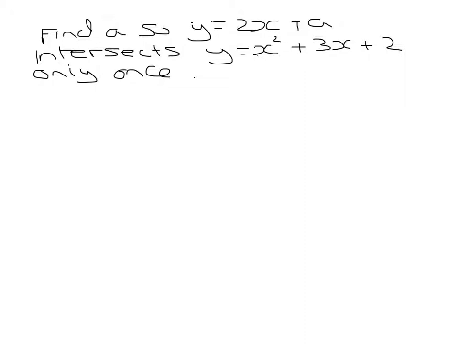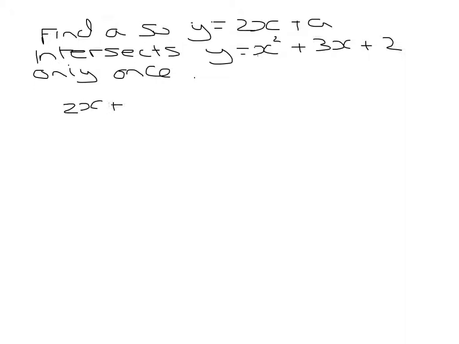Now if we want to find a, so that y equals 2x plus a intersects the curve, the parabola y equals x squared plus 3x plus 2 only once, just like before we need to substitute y equals 2x plus a into the equation of the parabola.